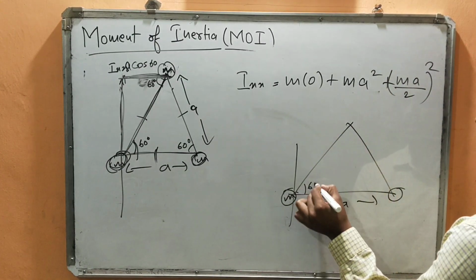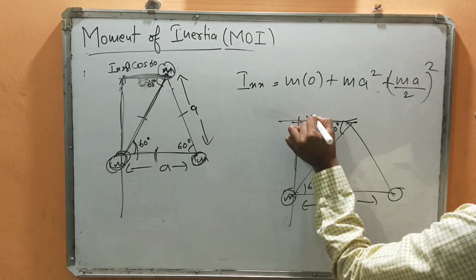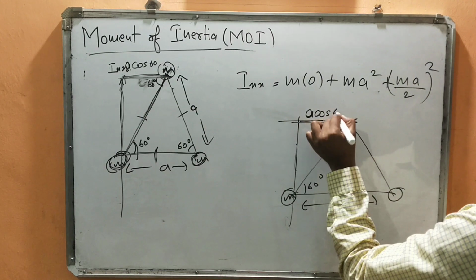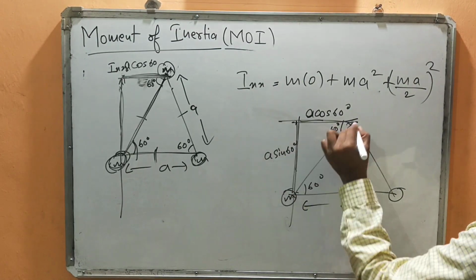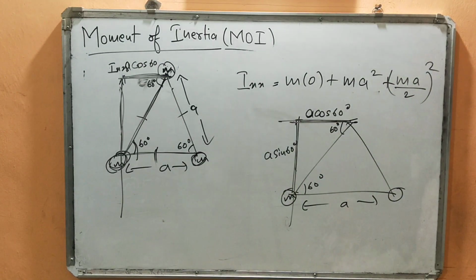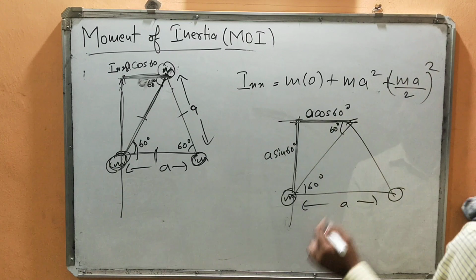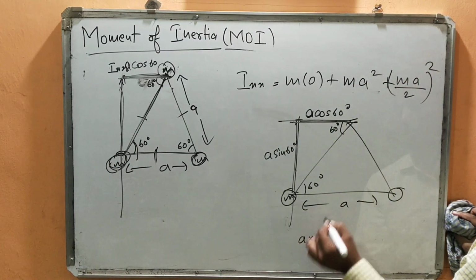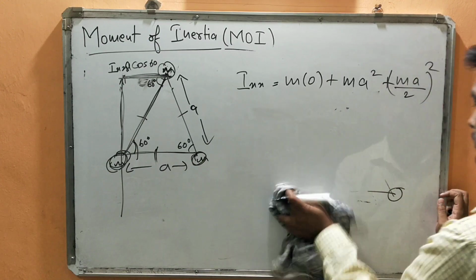So if this is 60, this also will be 60. This component will be what? A times cos 60. No. If I take this component, this will be A times sin 60. This is vertical. This is the horizontal component. Yes or no? Or the adjacent side. So cos 60 will be what? 1 by 2. So this will be A by 2. Got it?